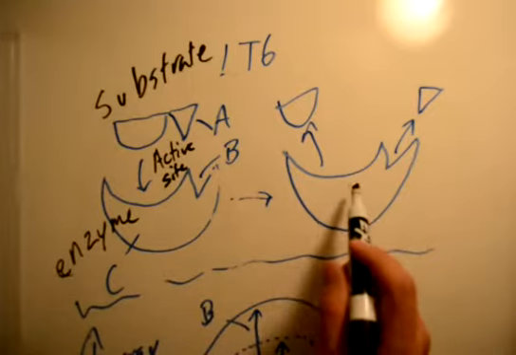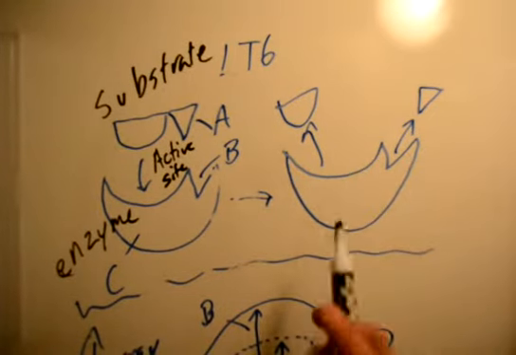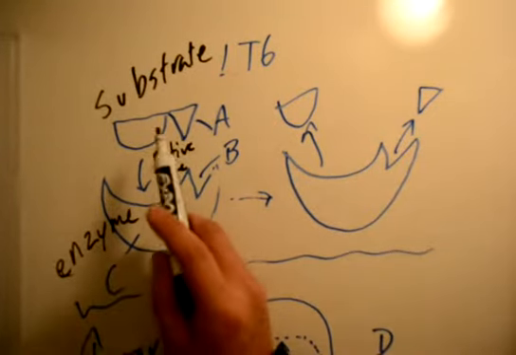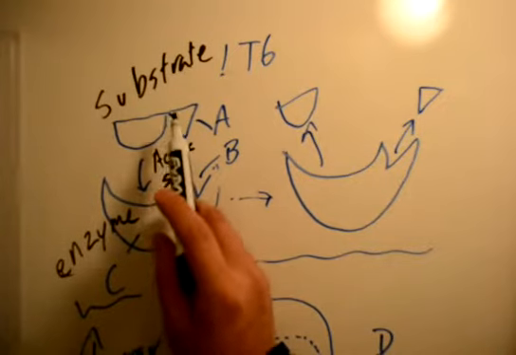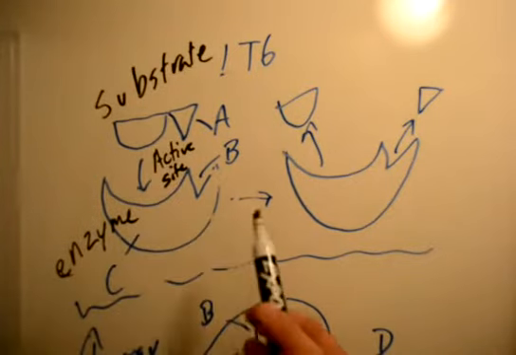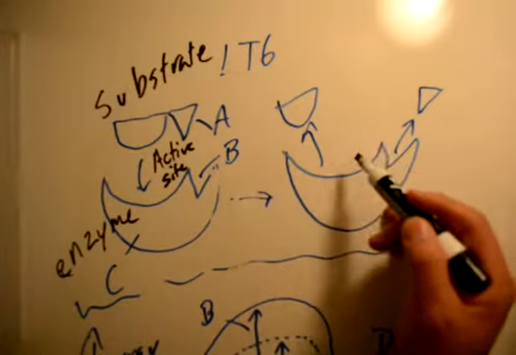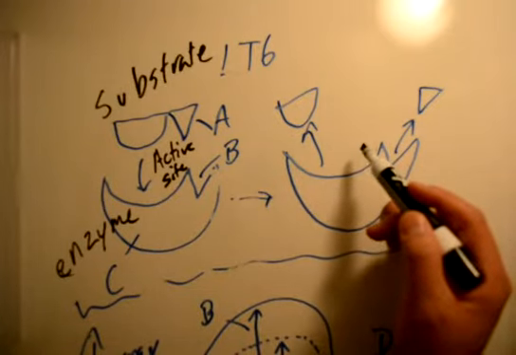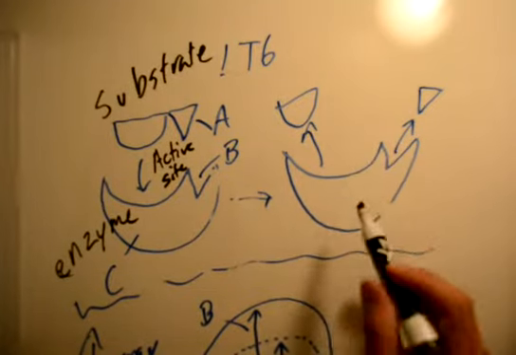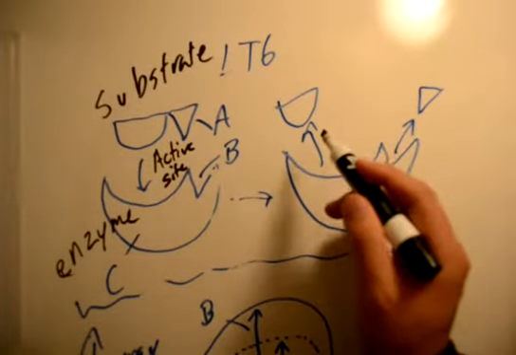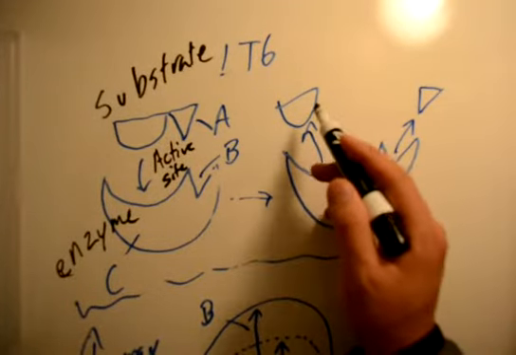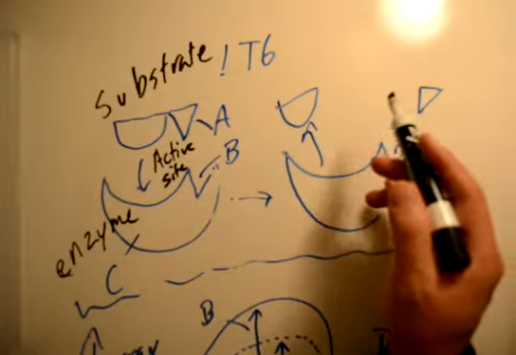Okay, so once it attaches to the enzyme, a chemical reaction will occur that actually breaks apart these hydrogen bonds. So this substrate is held together by a hydrogen bond. Once it binds onto the enzyme, the enzyme disassociates that hydrogen bond and causes these two products here to separate.